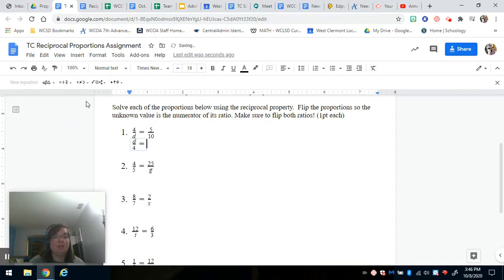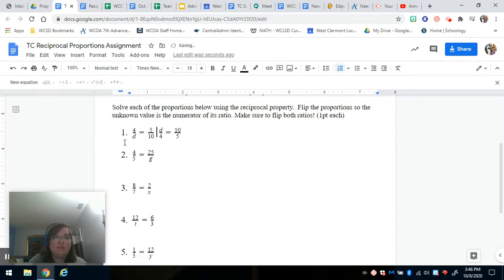And then, like the direction says, we have to make sure we flip both ratios because our proportion compares similar ratios, so they are equivalent. We need to make sure the same things line up with the same things as the original. Okay? So here's our reciprocal proportion, and I'm going to put that up here. That becomes our reciprocal.